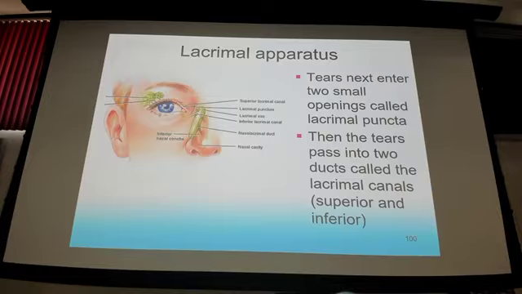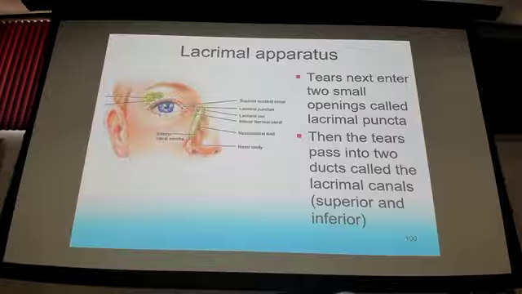Most people who have kids, or even themselves, adults don't have as many problems with it. But in the upper and lower eyelids, right on the medial side, if you look in a mirror and pull your eyelid down, you can see a little notched area on your eyelid, and there's a very, very small opening. That's a lacrimal punctum. Sometimes they look a little white.